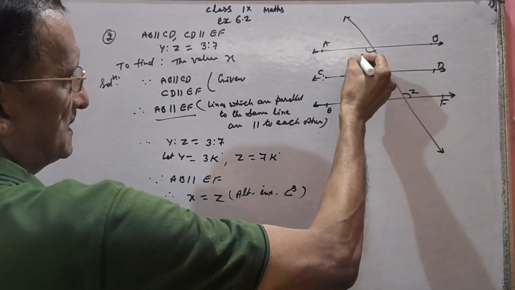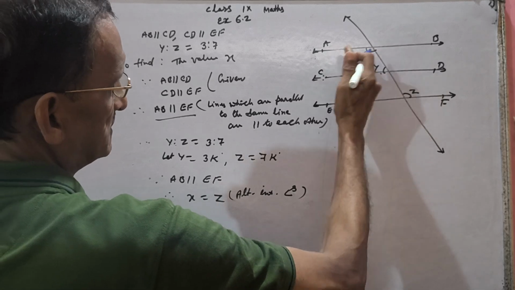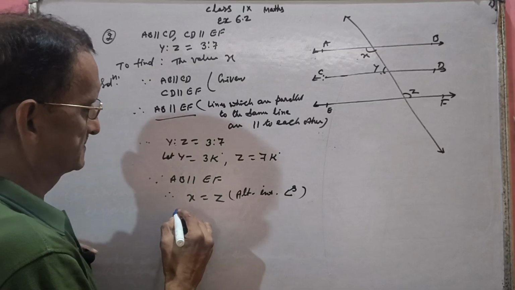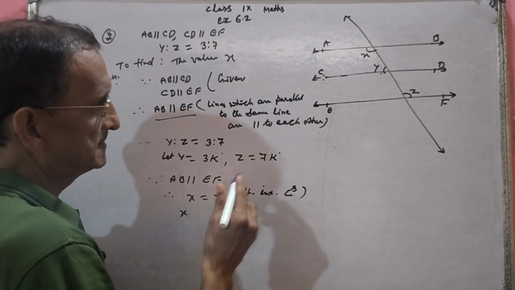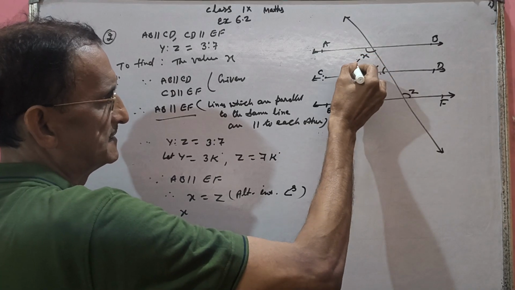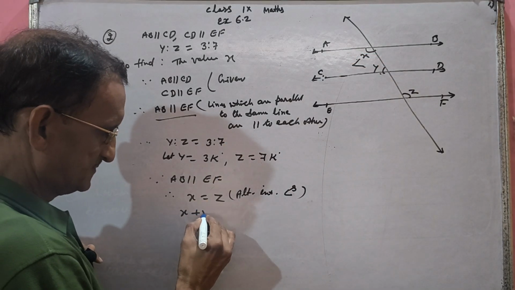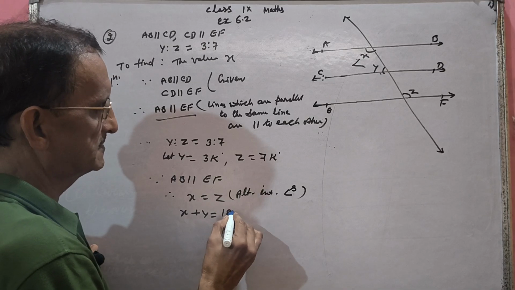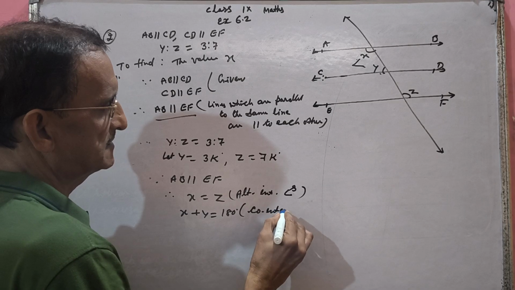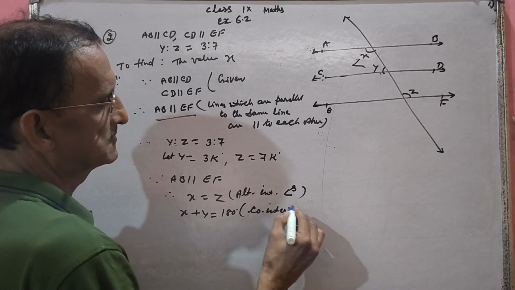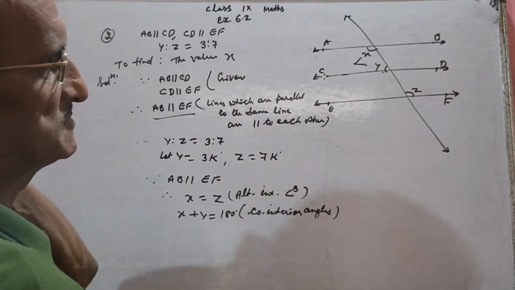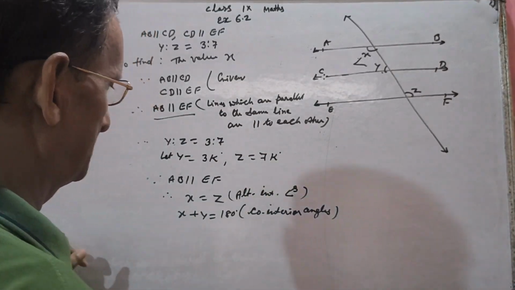Now, X and Y are the interior angles on the same side of the transversal, or co-interior angles. So, you know, interior angles on the same side of the transversal are supplementary. So, X plus Y equal to what will you get? 180 degree. In shortcut, you can write co-interior angles, or you can write interior angles on the same side of transversal are supplementary.